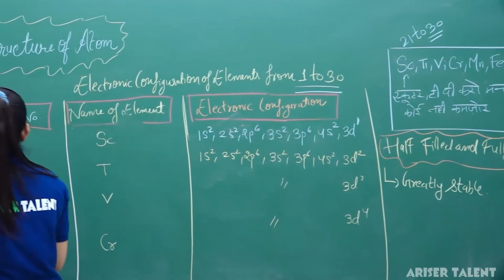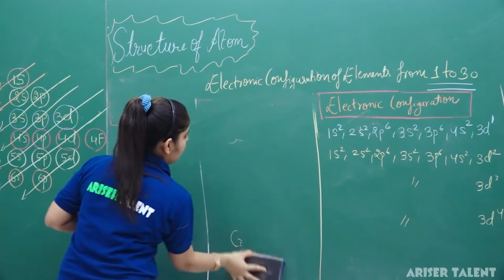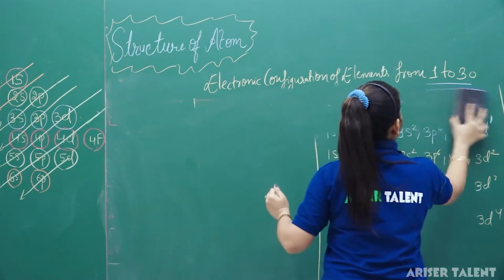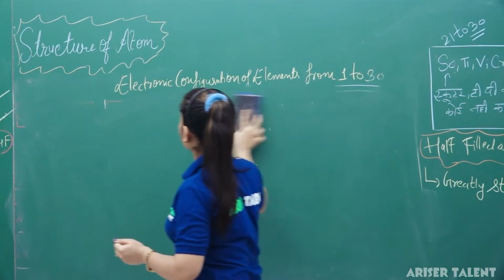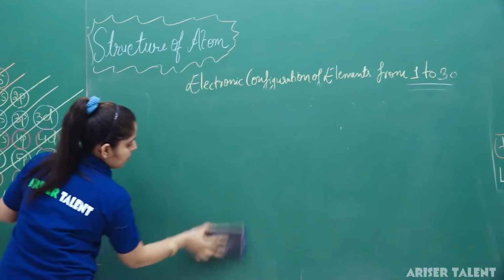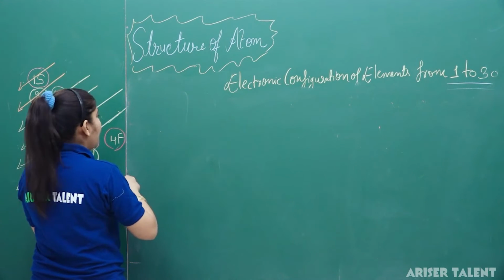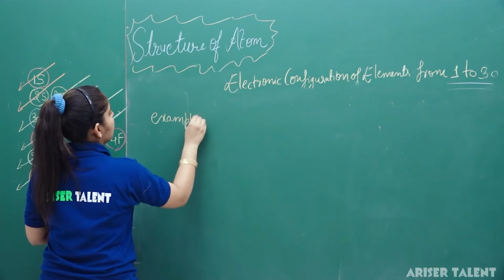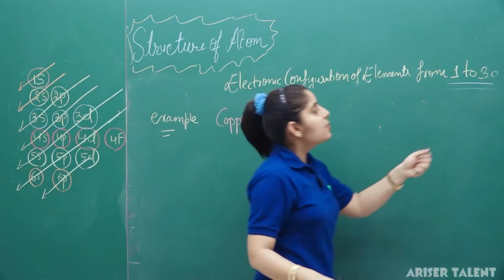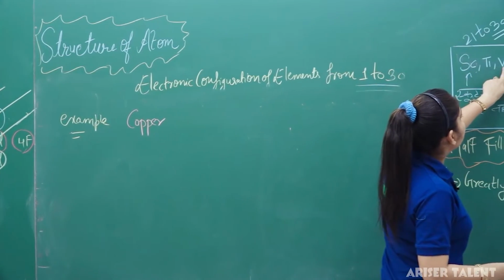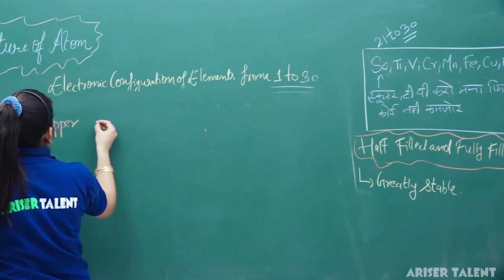So we have taken an example of copper. From this sequence, the atomic numbers are 21, 22, 23, 24, 25, 26, 27.